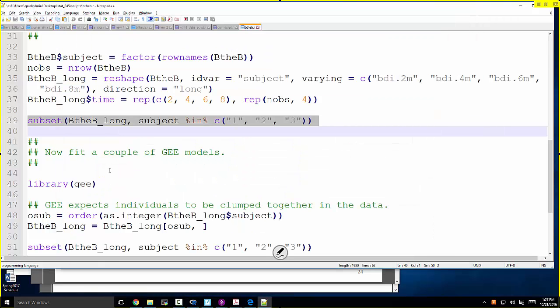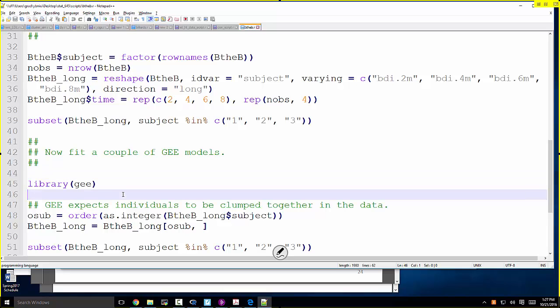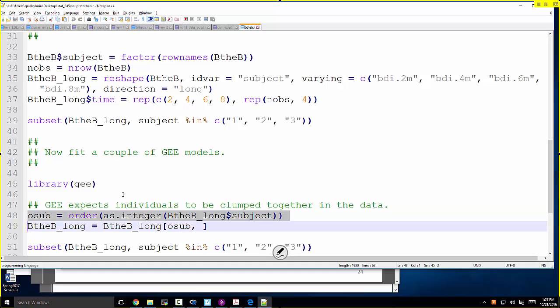So here's how I did it. I ordered the subjects. So that will put all the subject 1s first, followed by all the subject 2s, subject 3s, and so on. And then reorder the rows according to that.